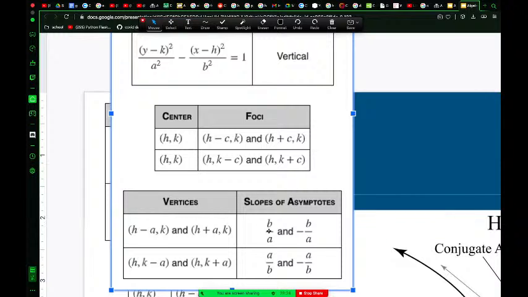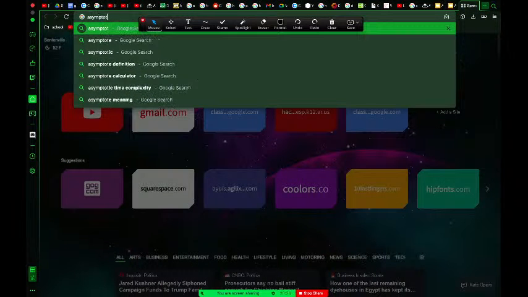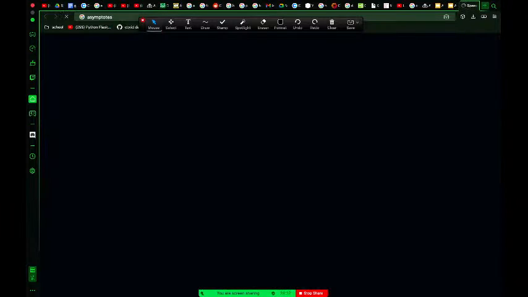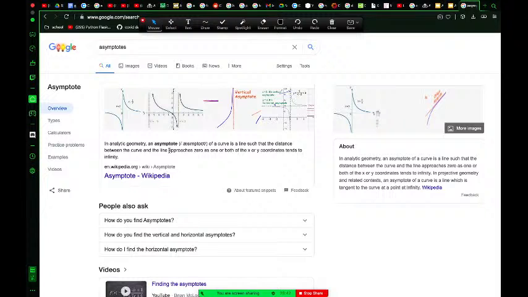So these are the slopes of the asymptotes. What asymptotes are, you can just search it up. If you look up the Google definition, in analytical geometry, an asymptote of a curve is a line such that the distance between the curve and the line approaches 0 as one or both of the x or y coordinates tends to infinity.